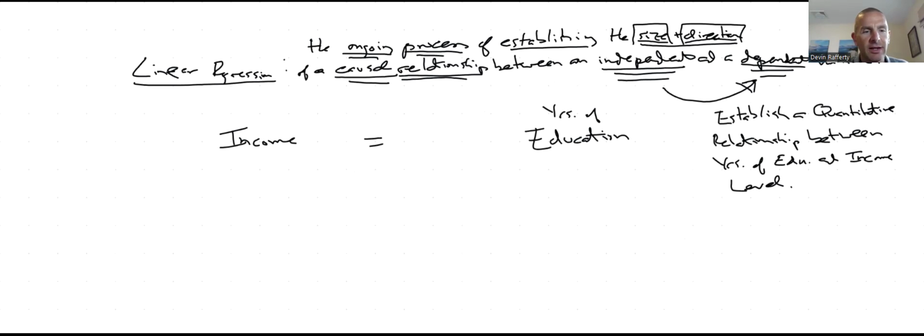We say that income is equal to alpha plus beta education.